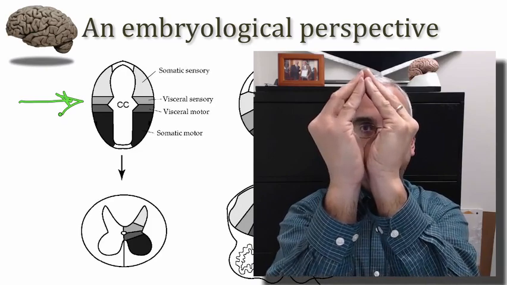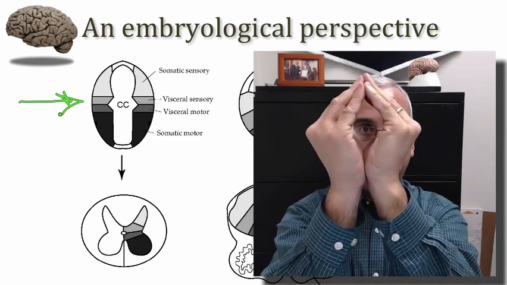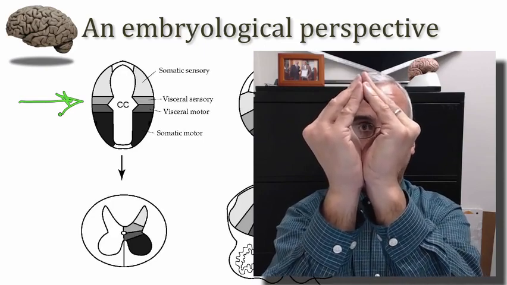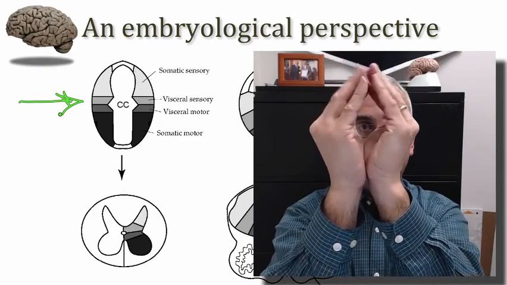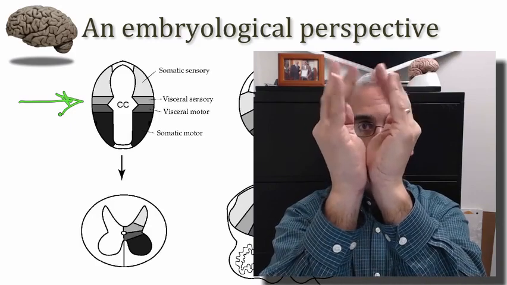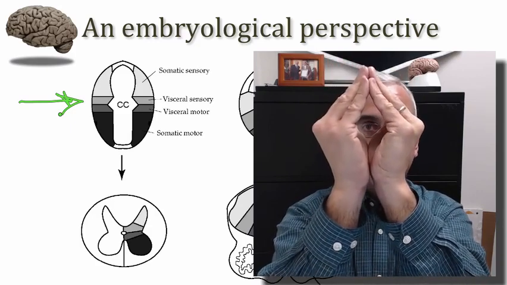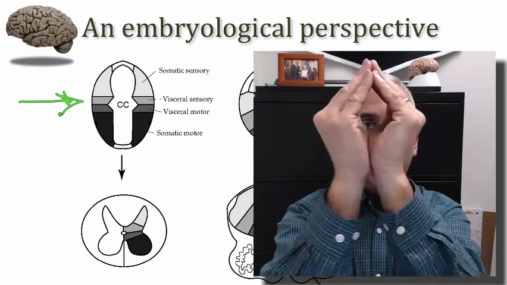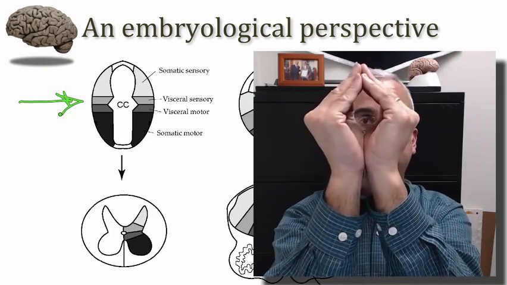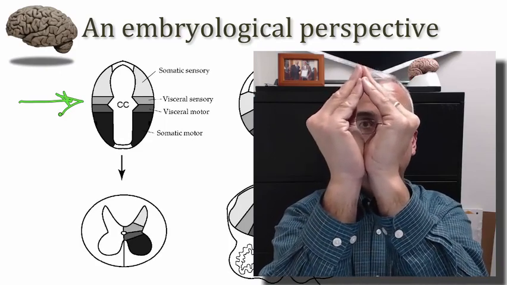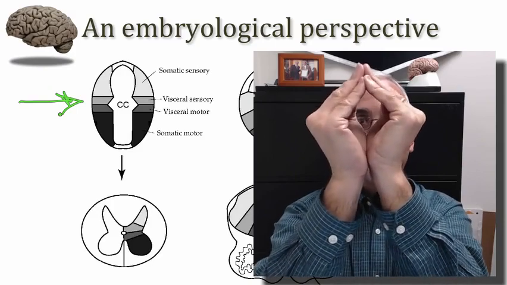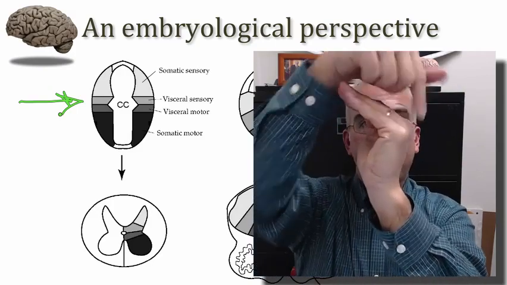Now, I want us to note how our hands resemble the distribution of these neurons related to sensation and motor control. We have our fingers up on the dorsal aspect of this transverse section. The fingers would represent our somatic sensory neurons, whereas the palms of our hands are sitting in a more anterior or ventral position. The palms would represent our somatic motor neurons. But we also have these knuckles, right?